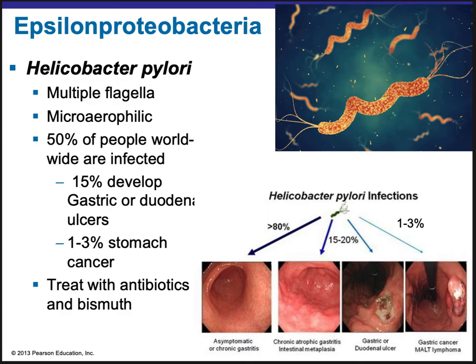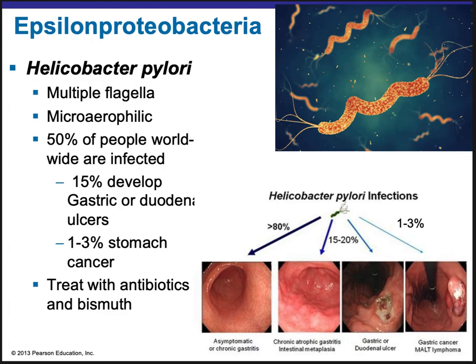H. pylori has these flagella on both ends, notice, and it's also this spiral shape, so it's really good at getting into the mucus layer, which sits right on top of the lining of the stomach to protect it from stomach acid. So when that mucus layer gets disrupted, then the acid can come in contact with the actual epithelium, irritate it, and cause an ulcer.